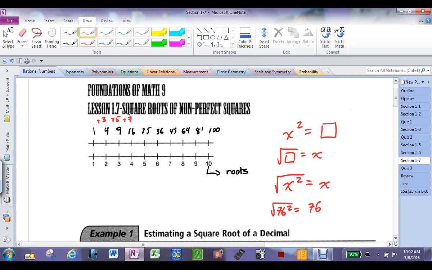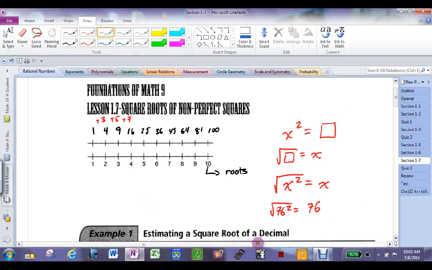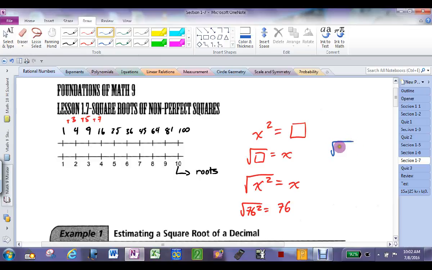Okay? So what is the square root of 147 squared? 147. Picking up what I'm putting down? Because this is saying it's the square root of 147 times 147. Right? Because that's what 147 squared means.